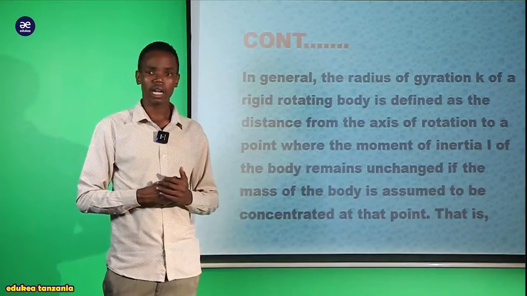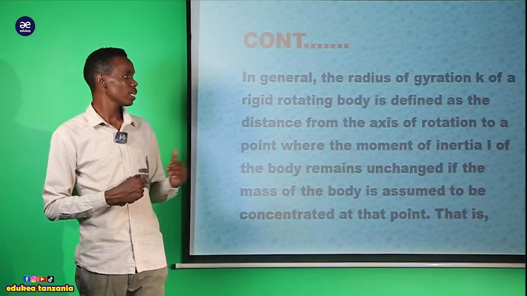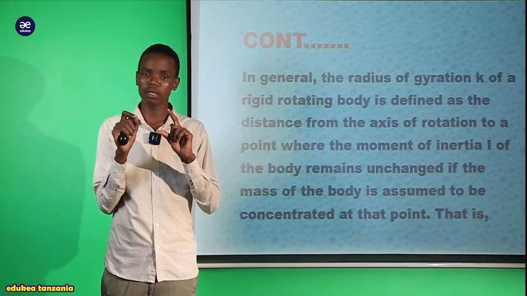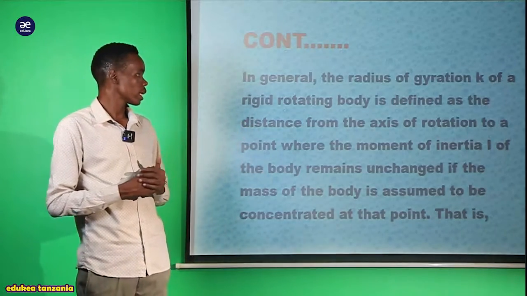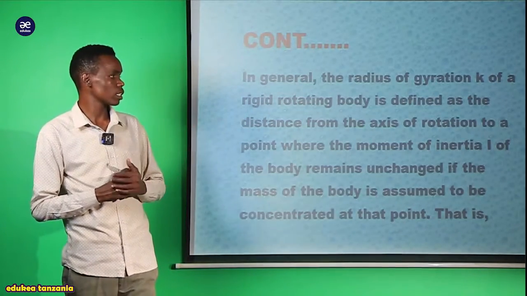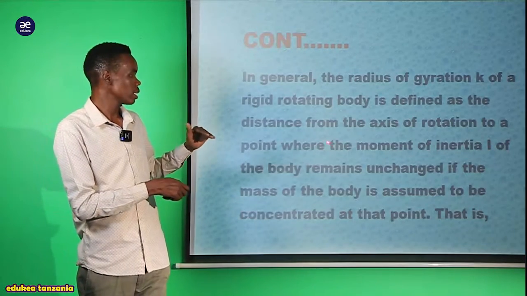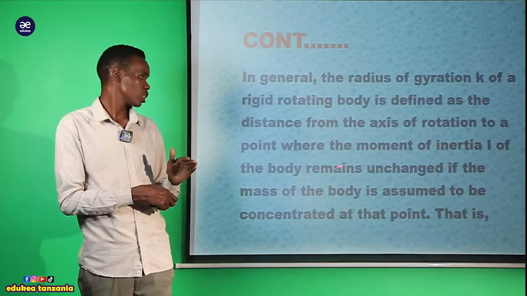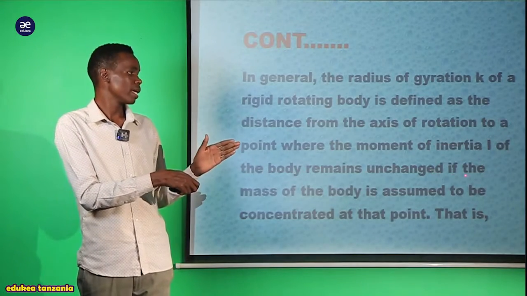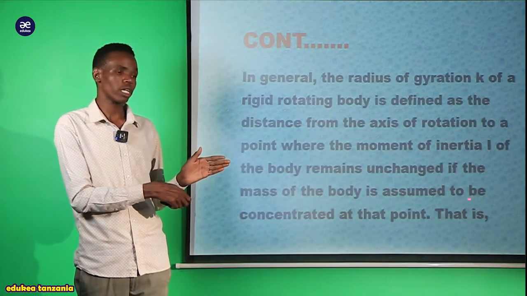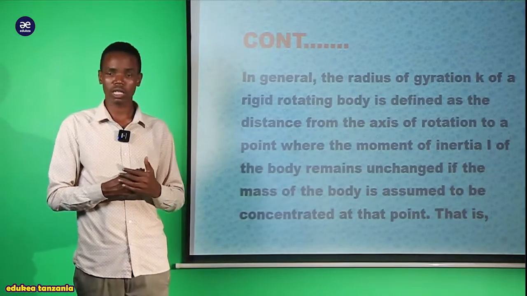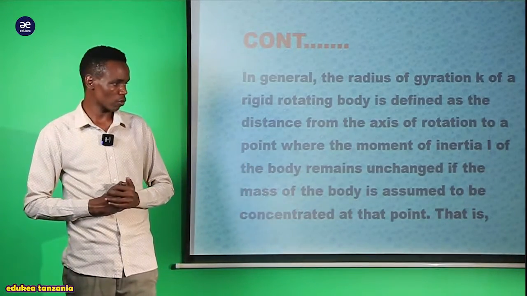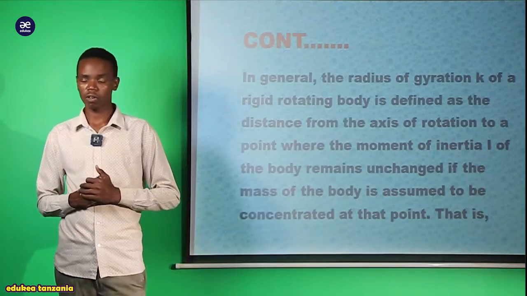So in general, we define the radius of gyration, represented by symbol K, of a rigid rotating body as the distance from the axis of rotation to the point where the moment of inertia of the body remains unchanged if the mass of the body is assumed to be concentrated at the point. This is the definition of the radius of gyration.